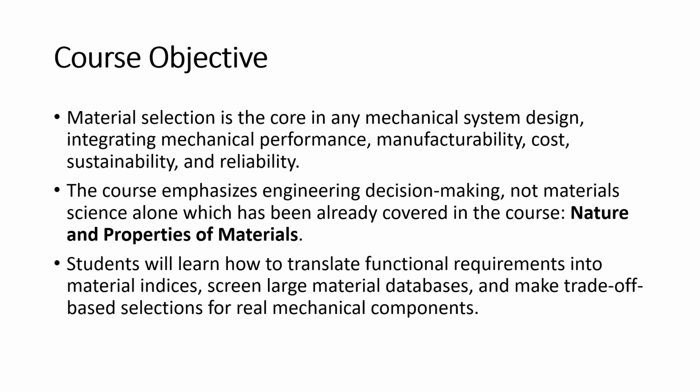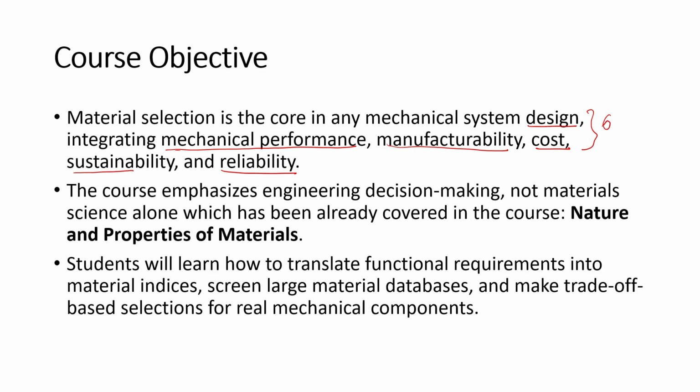And this field will obviously integrate areas of mechanical engineering like design, mechanical performance, manufacturability, cost, sustainability and reliability. All these 6 factors are important in terms of material selection.